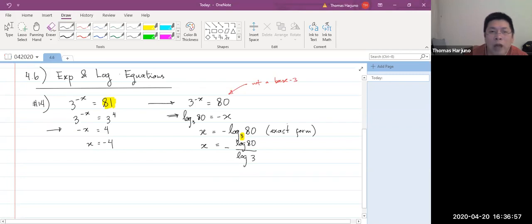Now when you use your calculator, be careful that usually after you press log, it starts with parentheses. Then you will type 80. Make sure you close that parenthesis.